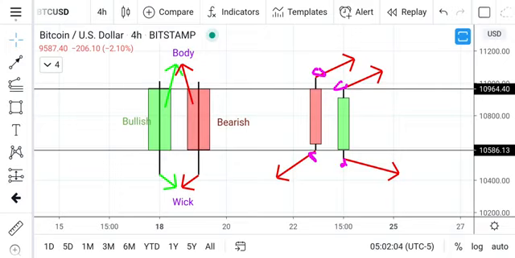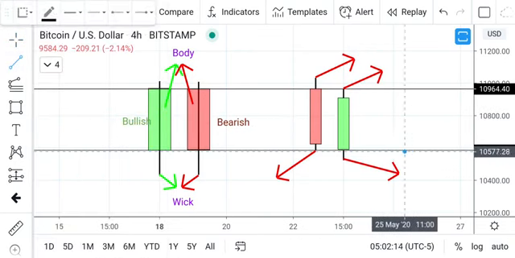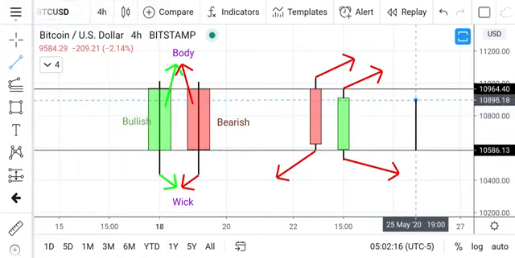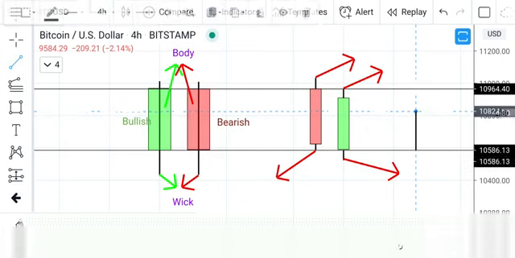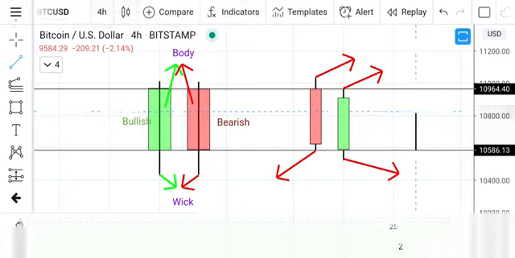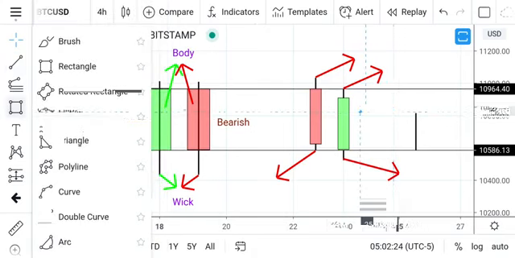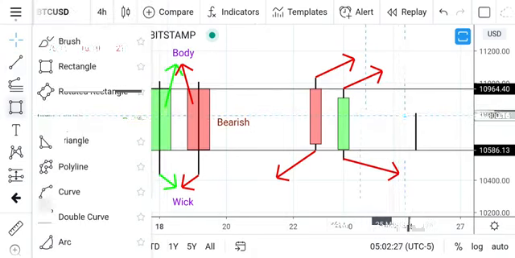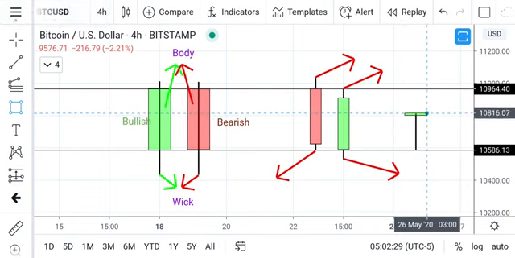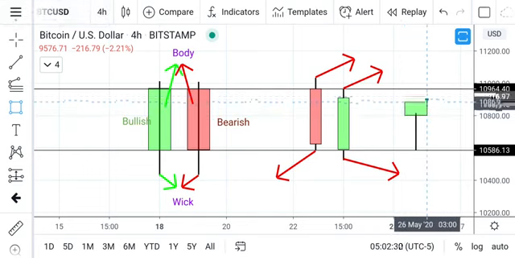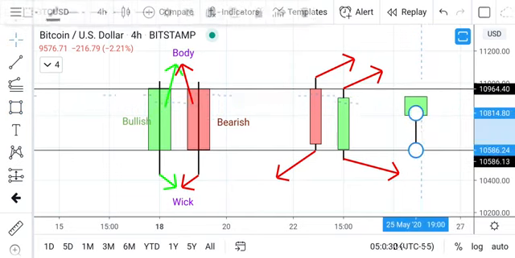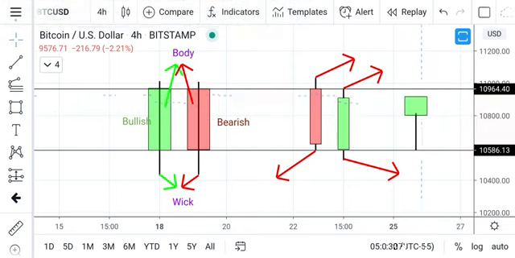So that's the concept behind the bearish and bullish candle. When the wick of the candle is longer than the body, there is a strong price rejection. You can see in this candle the wick is longer than the body, so you say there is strong price rejection.